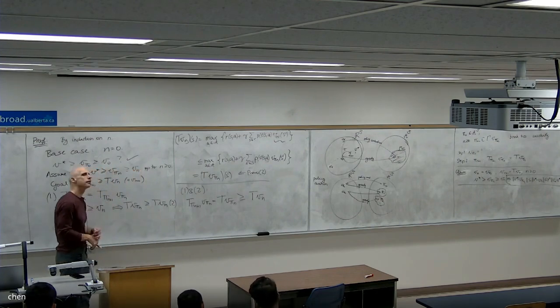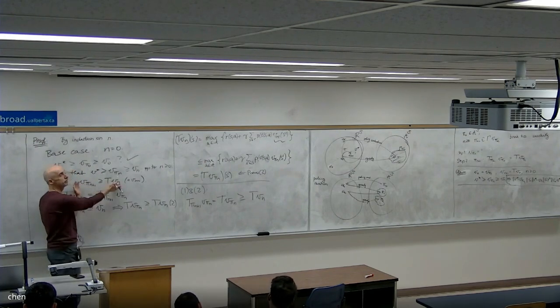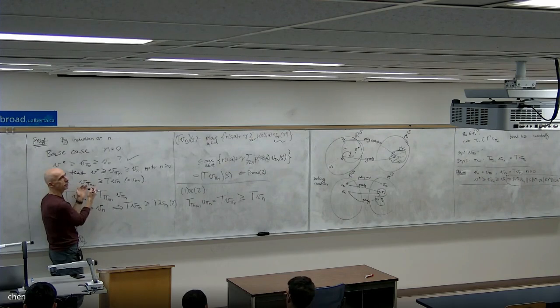Okay, this is good. We have pi n plus 1 and T v n, but this is the value function of pi n plus 1, and we don't have the value function of pi n plus 1 yet. How can we get that?